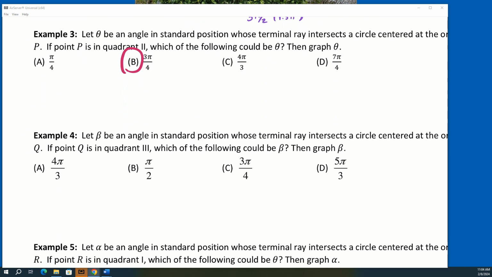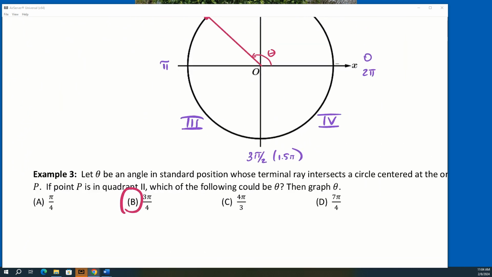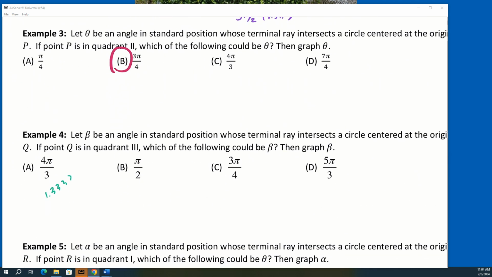It's going to be A. So 4/3 is 1.33333. That's 1/2, 0.5. Obviously, that's not going to be it. This is 0.75. That's not going to be it. It has to be something bigger than 1, but less than 1.5. When we get to this one, it's 1.6. So it's going to be A.